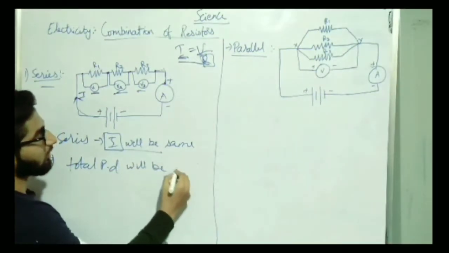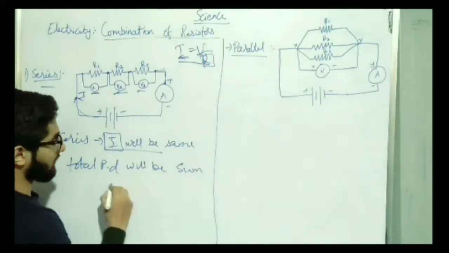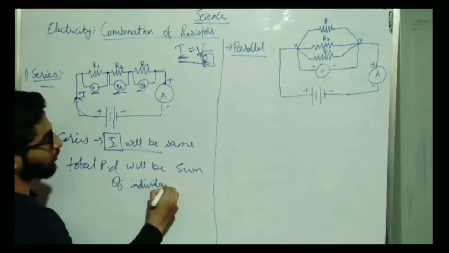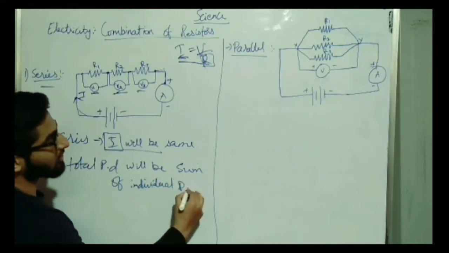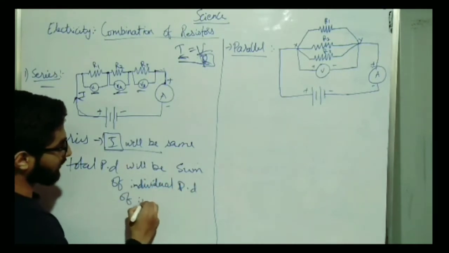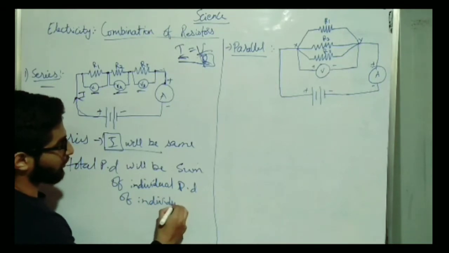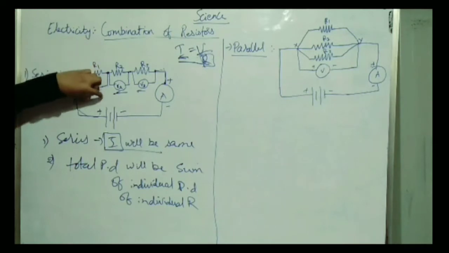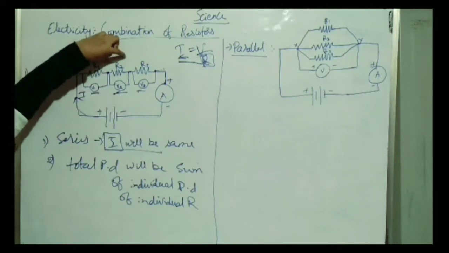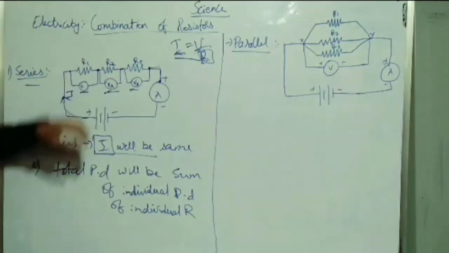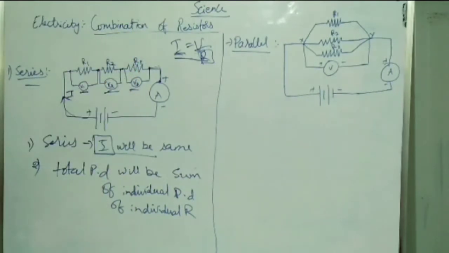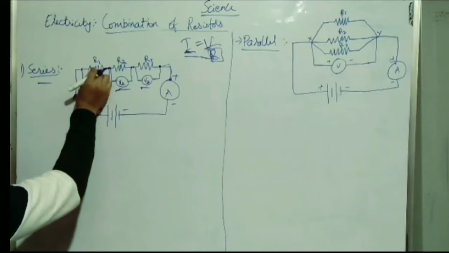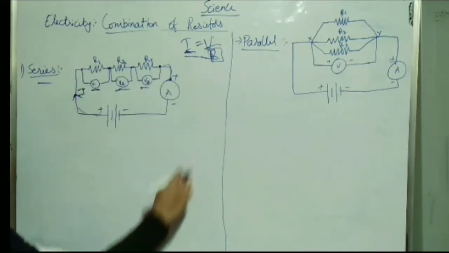It will be the sum of the individual potential differences of the individual resistors. So for this resistance, the voltage will be different. For this resistance, voltage will be different, and for this resistor, voltage will be different. So based on this concept, we have to derive the total resistance across the circuit.